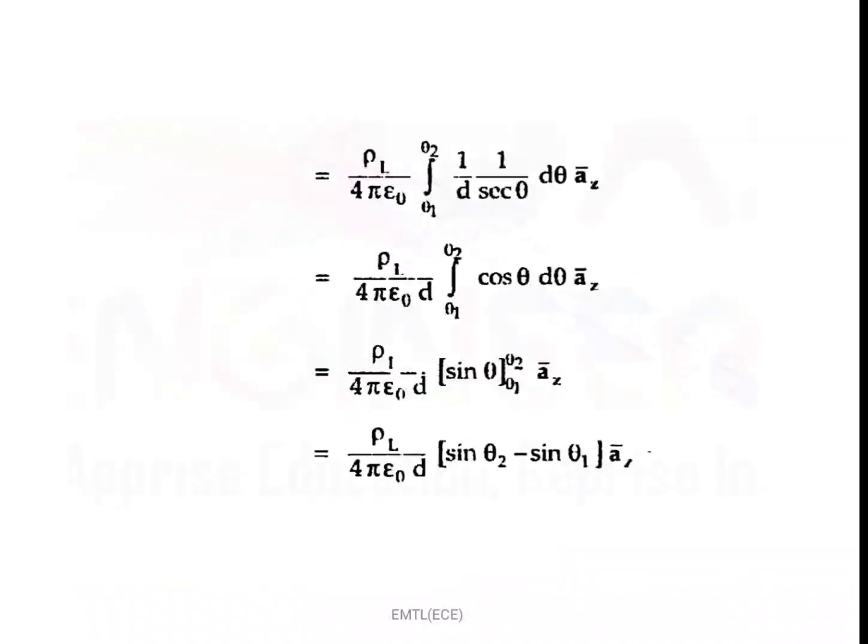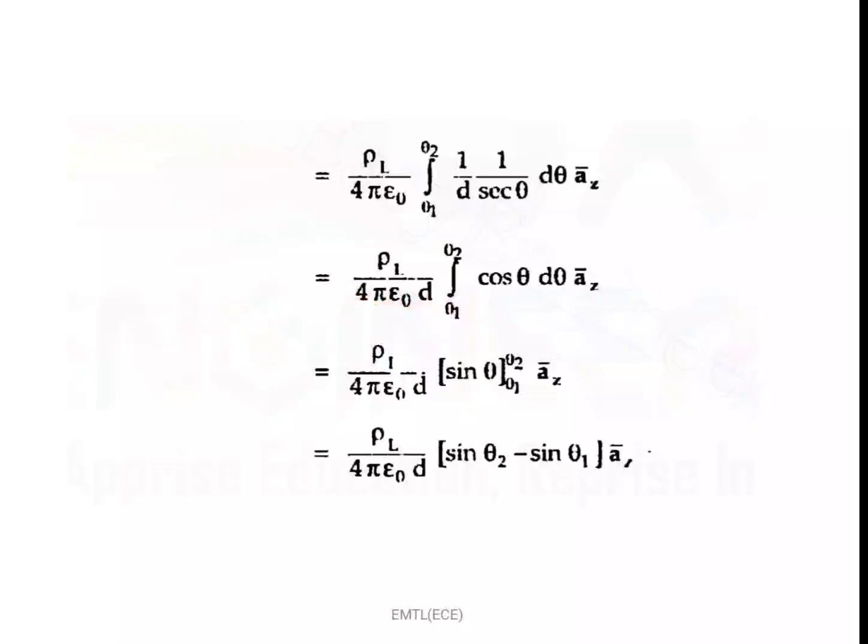By cancellation, finally we get rho L by 4 pi epsilon naught integral theta 1 to theta 2 of 1 by d secant theta d theta aZ bar. Here d is also constant, so write it before the integration.